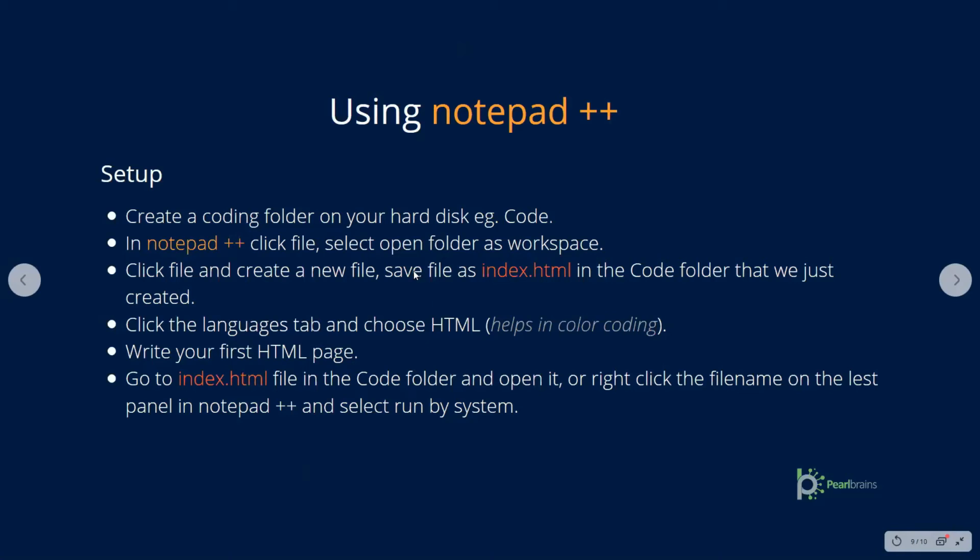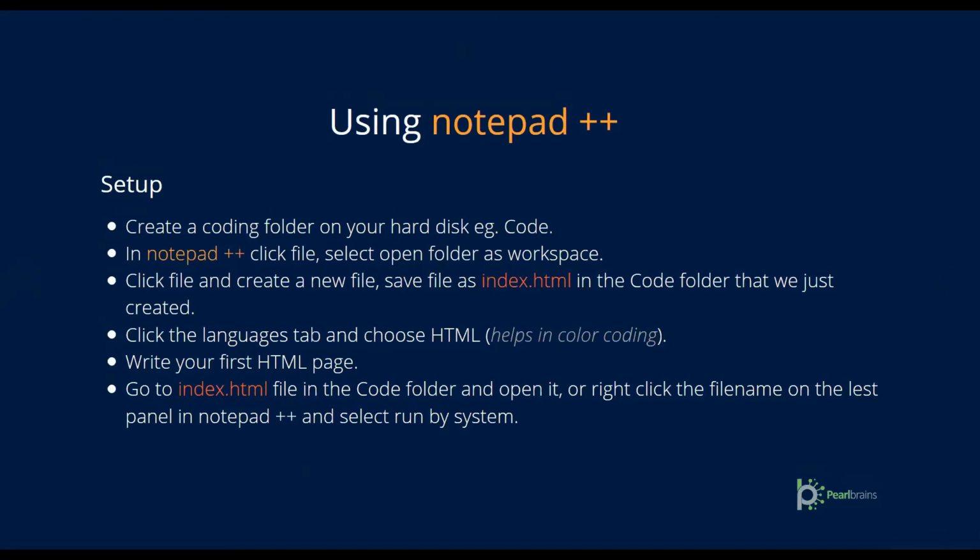I just have a few steps here about how we are going to create our folders and everything, just to be organized. So I created a folder called code on my hard disk.